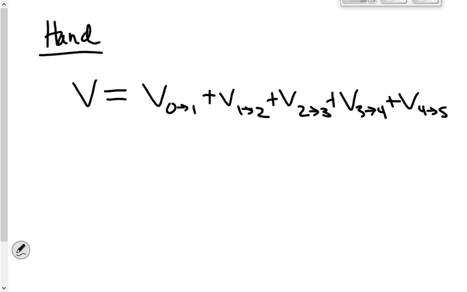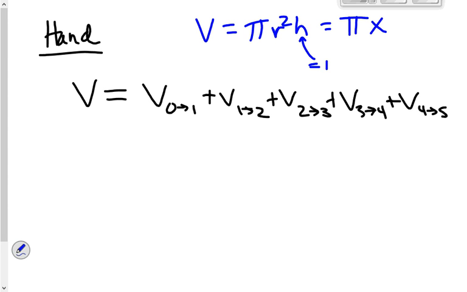And what's our formula for the volume of a cylinder again? Pi r squared h. We know that the h is equal to 1. And what did we say r squared was equal to? X. So for when I calculate this, it's going to be pi x.